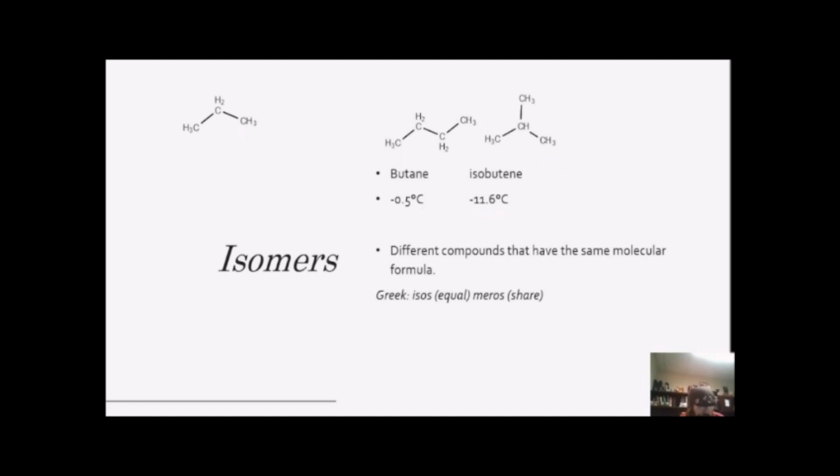Isomers, while being similar, often have slightly different properties. And as we increase to larger and larger molecules, the number of isomers increases.